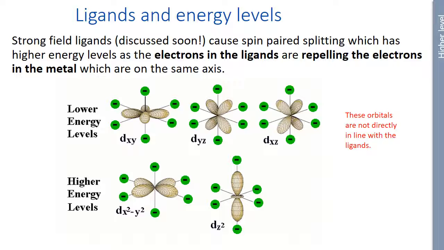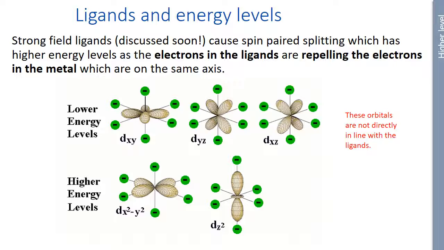Okay, so strong field ligands, which we'll discuss soon, cause a split between the low energy levels and the high energy levels. Okay, because what happens is in higher energy levels, the electrons of the ligands are actually repelling the electrons in the metal, which of course causes a high energy situation.